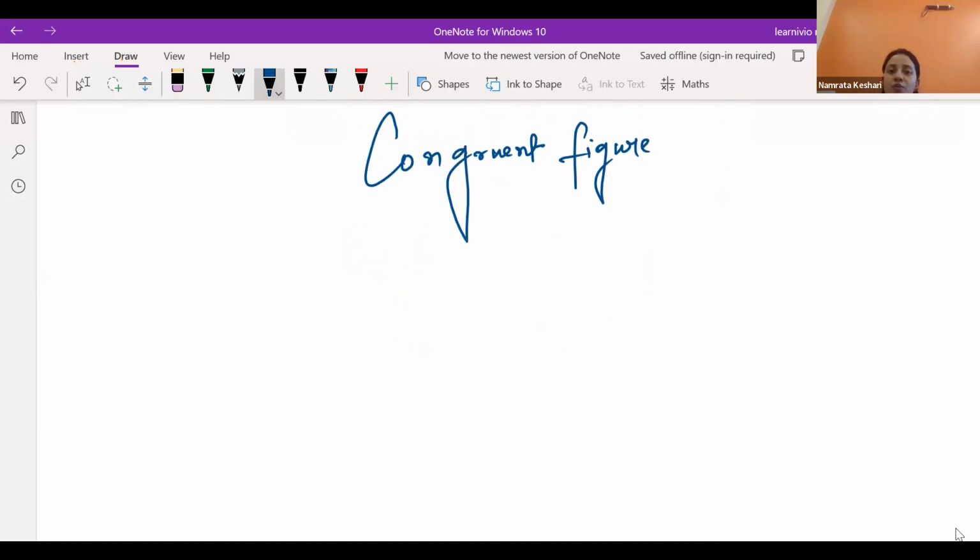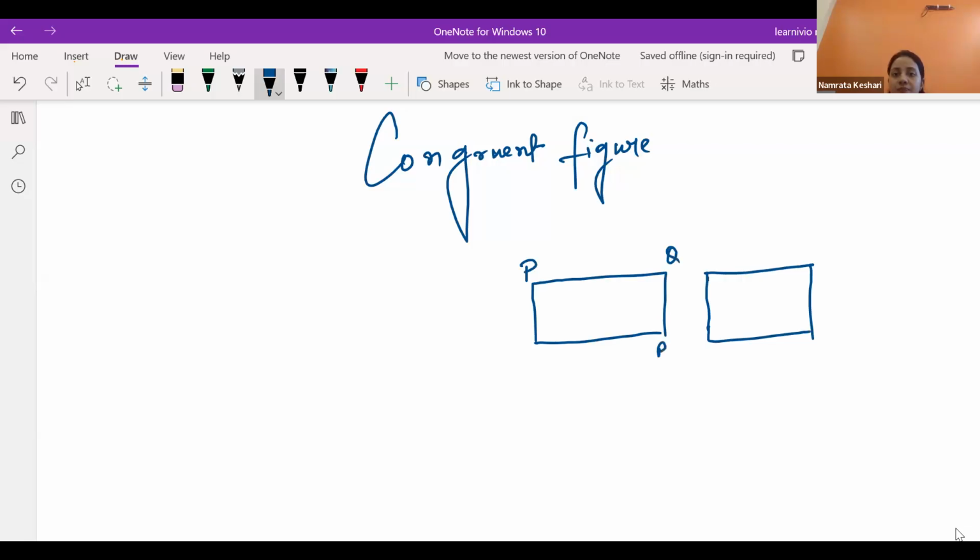If I am taking one shape, let's say I am drawing one rectangle and I am drawing another rectangle. The first rectangle is PQRS and the second rectangle is ABCD.